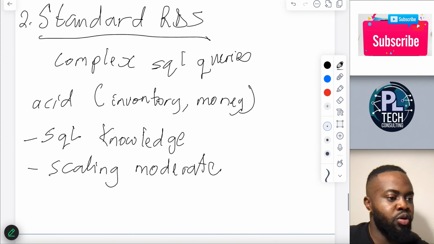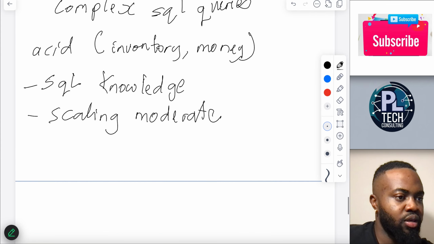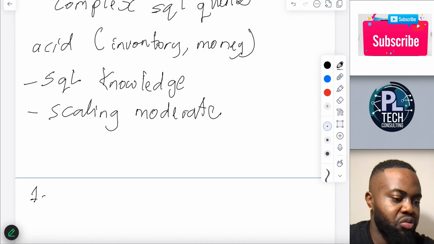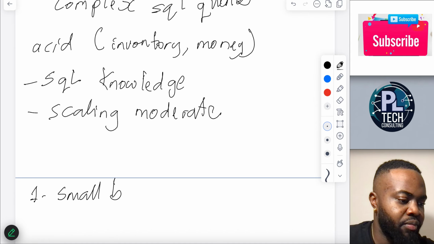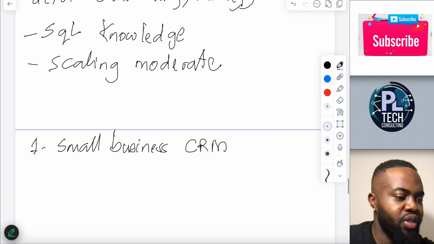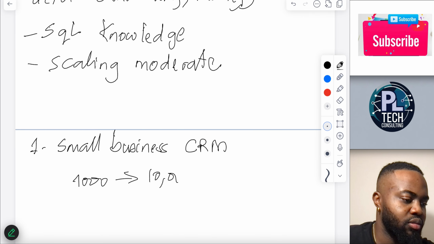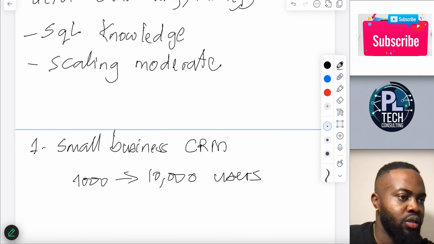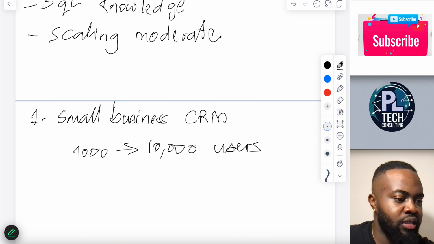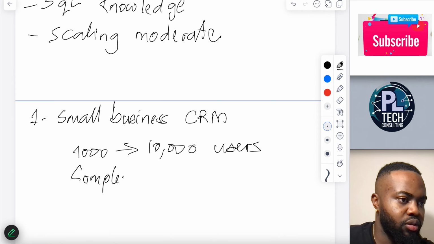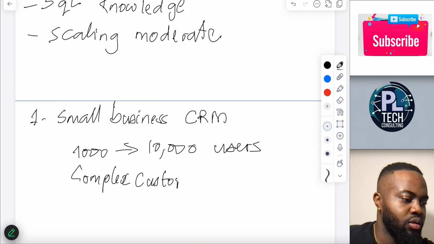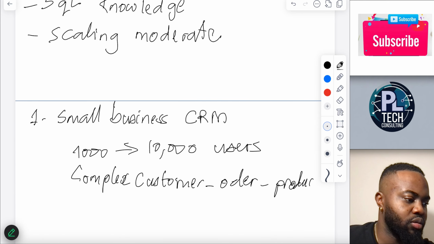Real world scenarios for this would be maybe a small business CRM, which can handle maybe 1,000 to 10,000 users. And obviously in these databases, the tables will have complex customer to other product relationships.